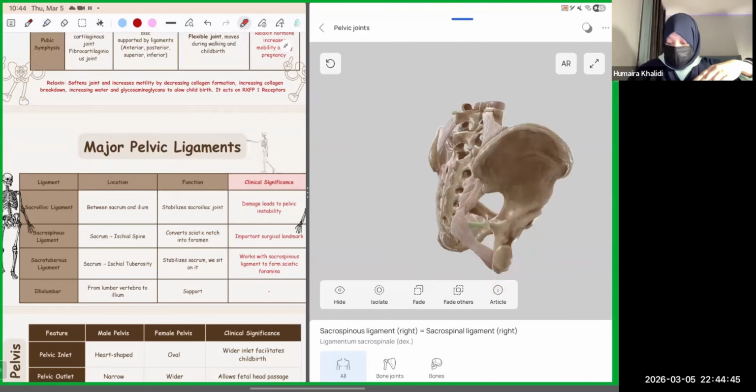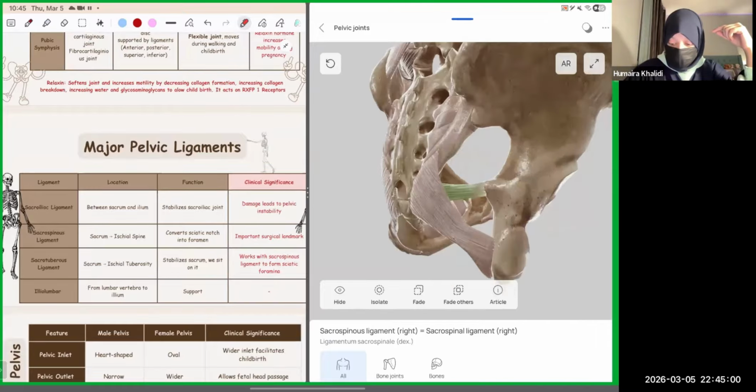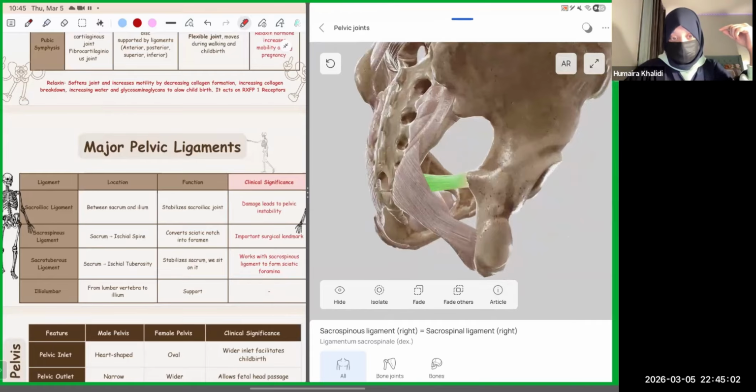Do you guys remember the greater sciatic foramen? Yes, good. Very good. The greater sciatic foramen's lower border, as you can see over here, ladies and gentlemen, is formed by the sacrospinous ligament.